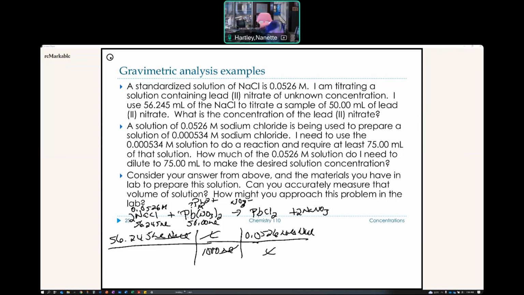I have 1 mole of NaCl, or actually 2, because that's the number out in front is 2, or 1 mole of Pb(NO3)2, and then that gets me 2 moles of Pb(NO3)2.